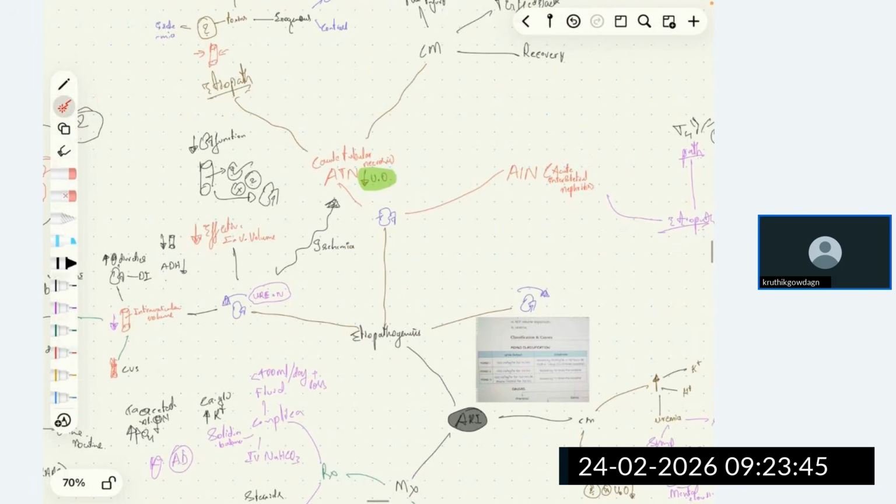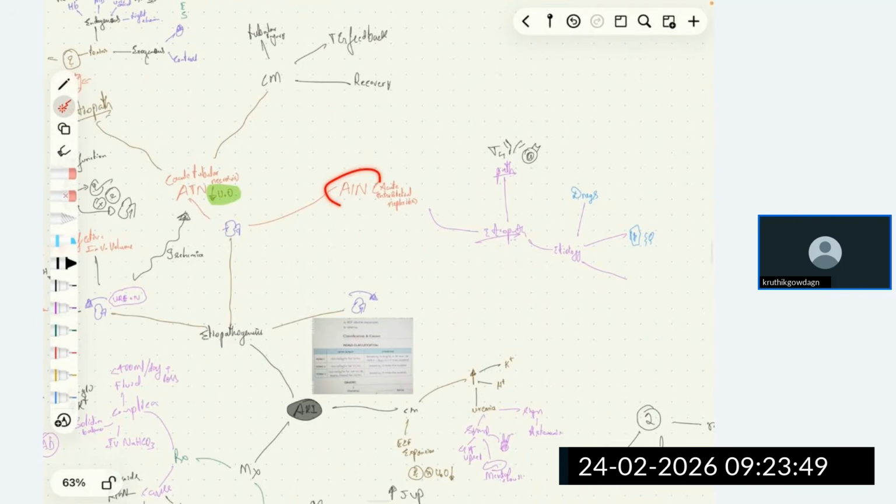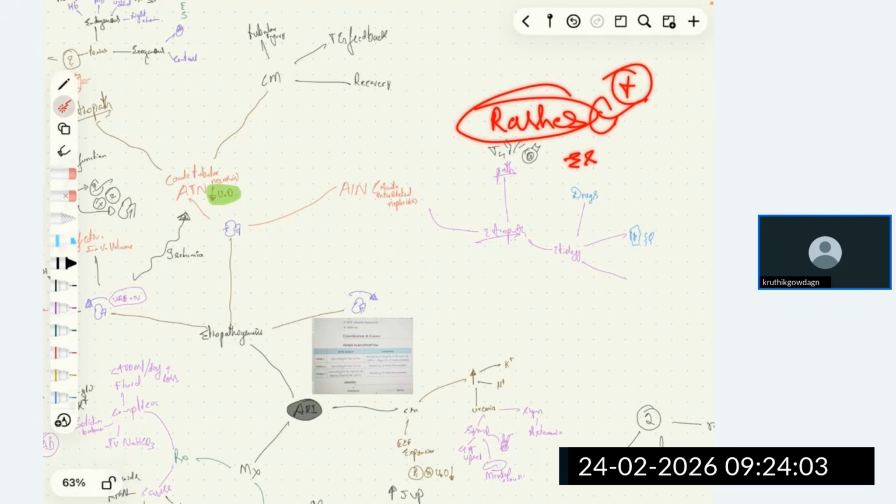And in renal cause, we already discussed. In acute interstitial nephritis, since it's a hypersensitivity reaction, the patient will characteristically have rashes and eosinophilia.